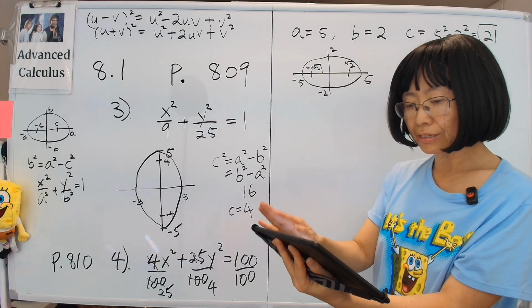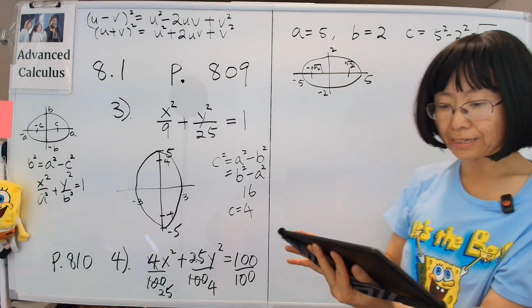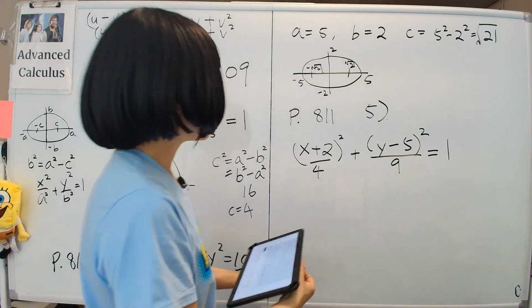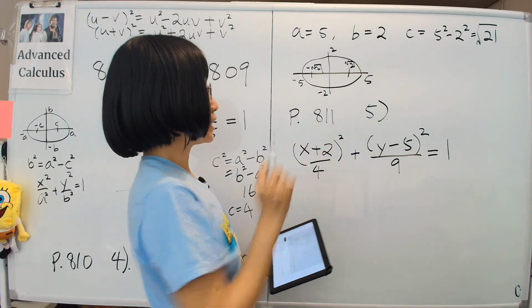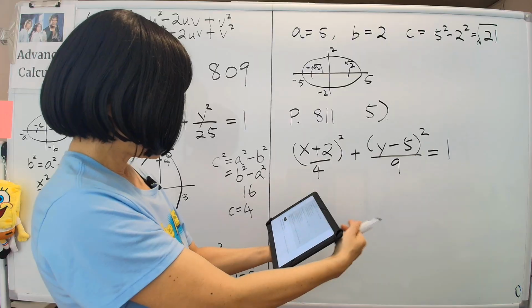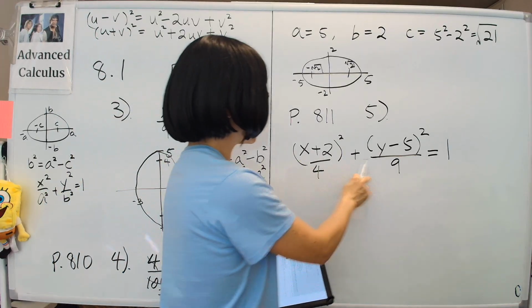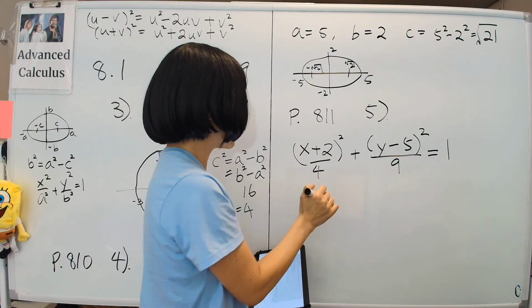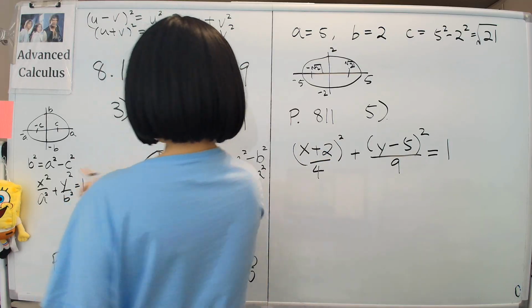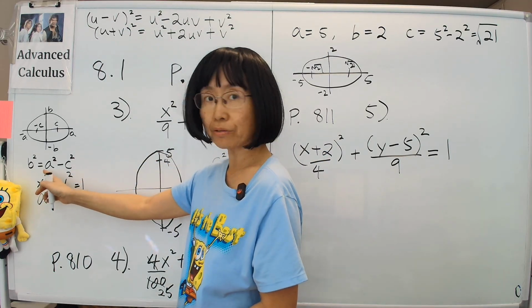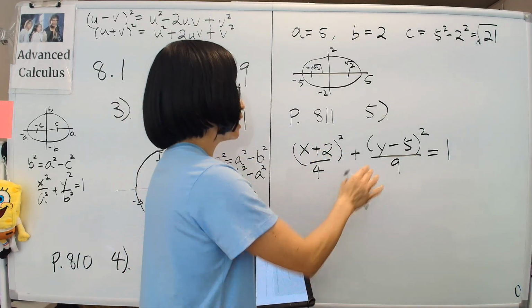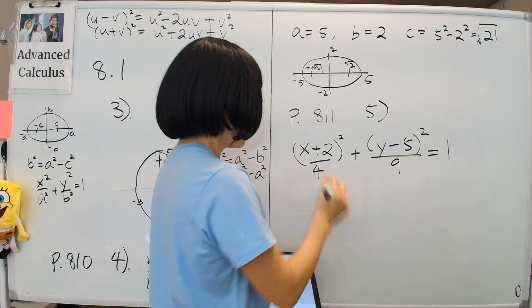And next, continuing, let's look at example 5 on page 811, which says that we have an ellipse that's done this way. When x is plus something, that is, instead of just x, as this shows, within the square, we have stuffed something in there, and it's the same thing happening to y.